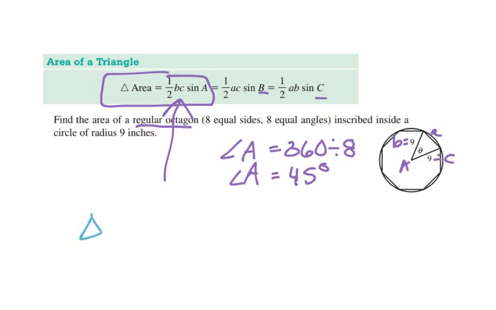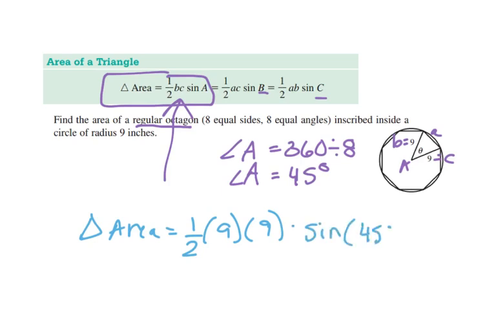So the triangle area is going to be a half times B, which we said was 9, times C, which we said was the other leg of 9, and then times sine of A, which we now have as 45 degrees.